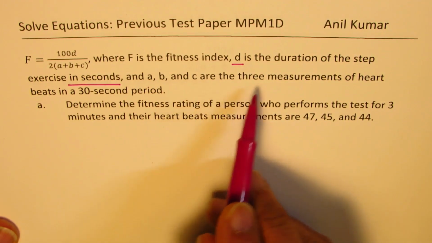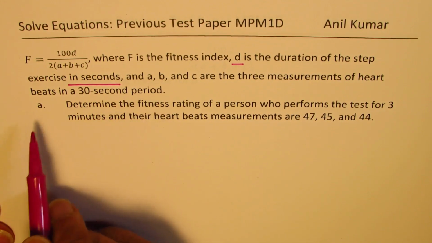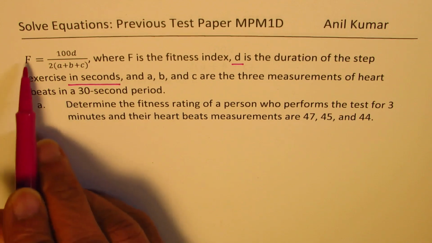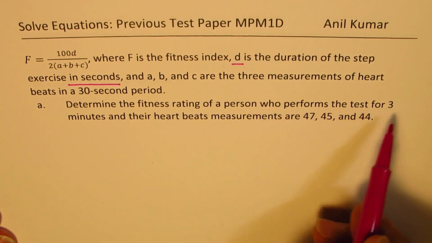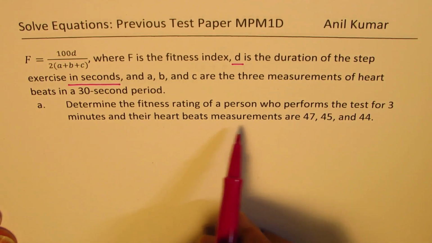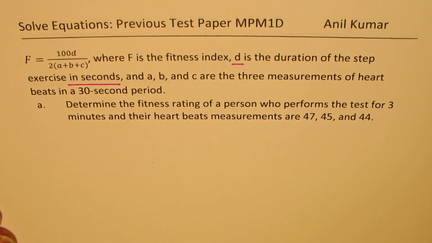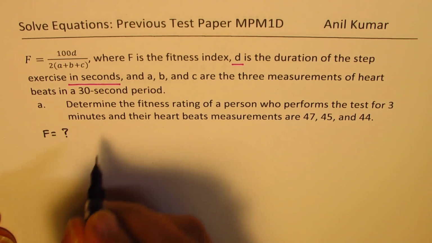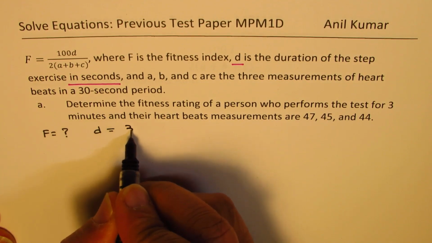A, B and C are the 3 measurements of the heartbeats in a 30-second period. So part A was: determine the fitness rating, that is F, of a person who performs the test for 3 minutes and whose heartbeat measurements are 47, 45 and 44. So basically we need to find what F is. We know what D is. D is 3 minutes.